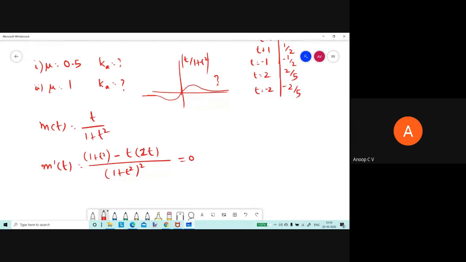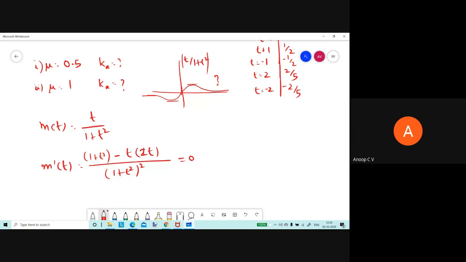You can see from the graph which we have plotted, it will have one positive maxima and one negative maxima. Those are the places where the slope was increasing, then saturating, then decreasing. That's why at maximas and minimas, slope will be equal to 0. So if you simplify this, it will be 1 plus t square minus 2t square.